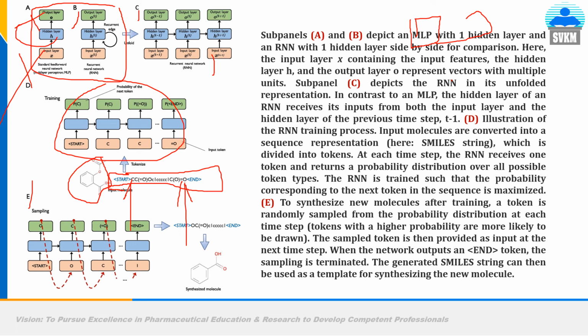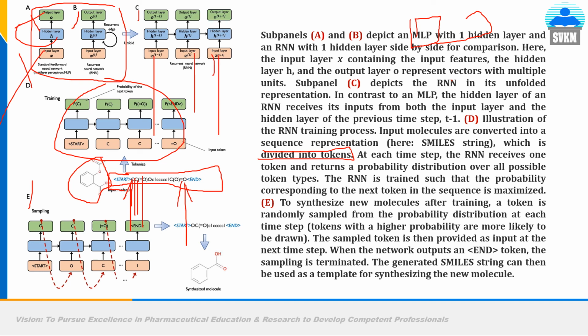So, illustration of the RNN training process. Input molecules are converted into a sequence representation, which is divided into tokens. This is one token, token 2, bracket symbol, double bond symbol. Each indicates one token. At each time step, the RNN receives a token. These are time steps: t minus 1, t, t plus 1, and so on.